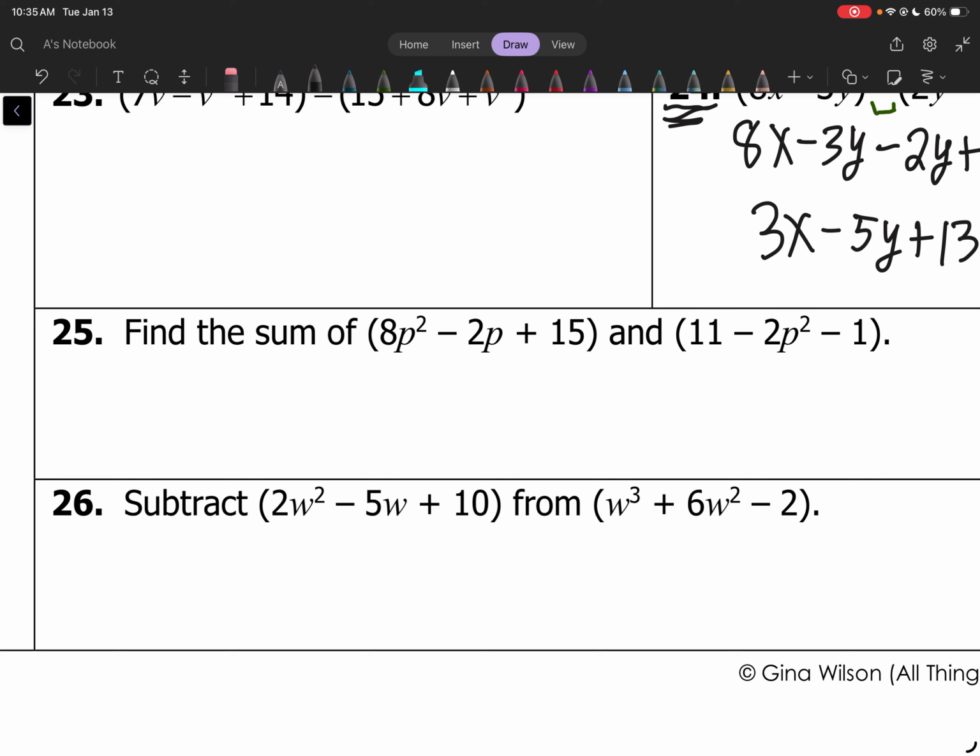Number 26 says, subtract 2w squared minus 5w plus 10 from w cubed plus 6w squared minus 2. The key word here is from.